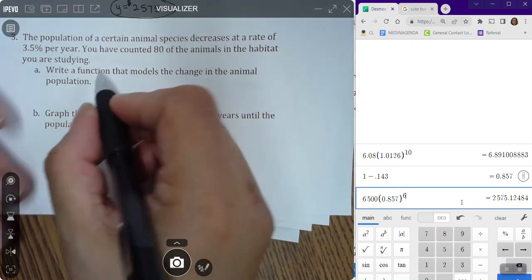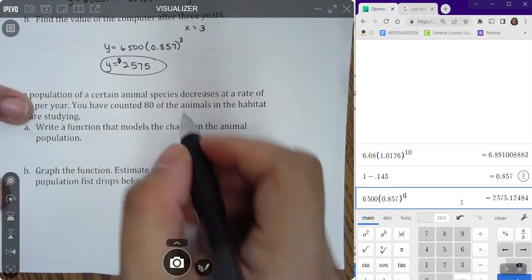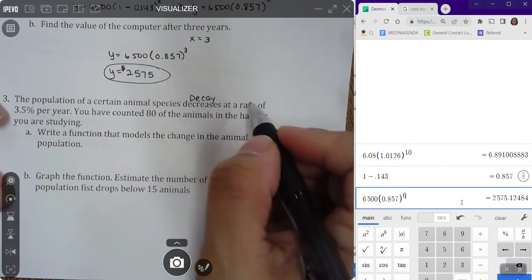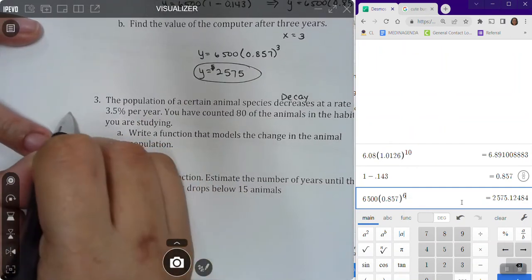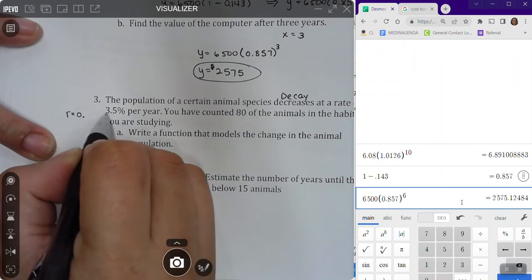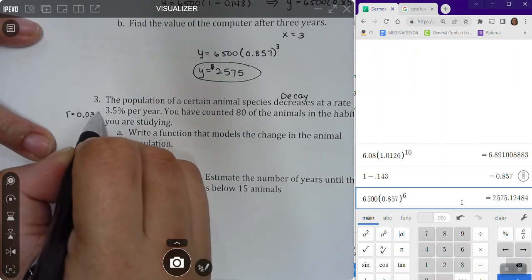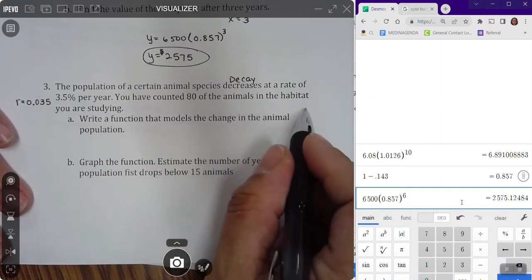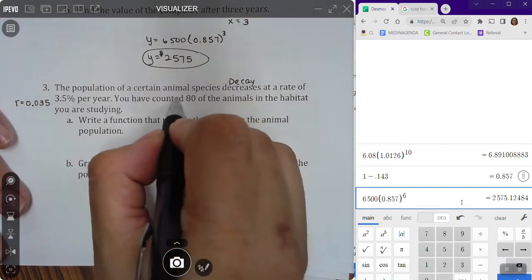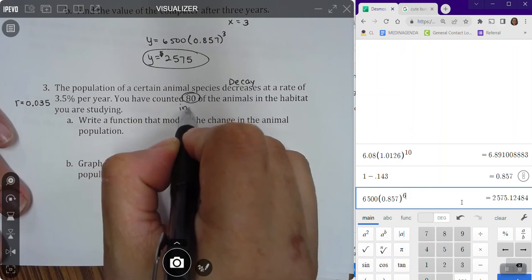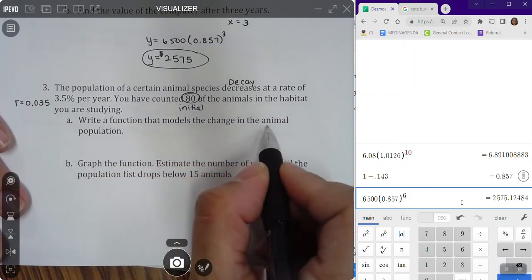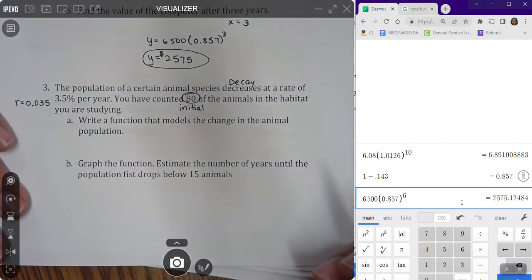The population of a certain animal species decreases. So that tells you this is a decay problem at a rate of 3.5%. So r is equal to 0.035. You have counted 80 of the animals in the habitat you're studying. So this is the initial value. We have 80 animals. Write a function that models the change in the animal population.